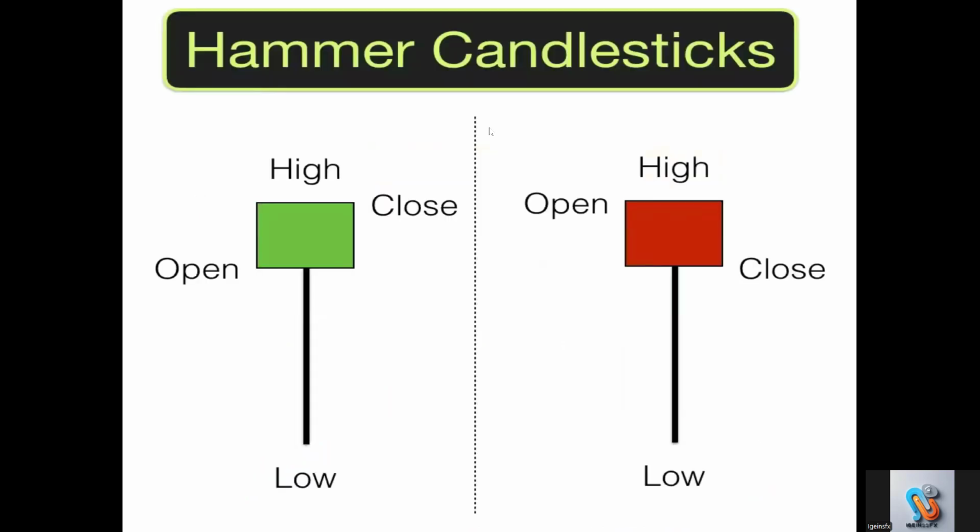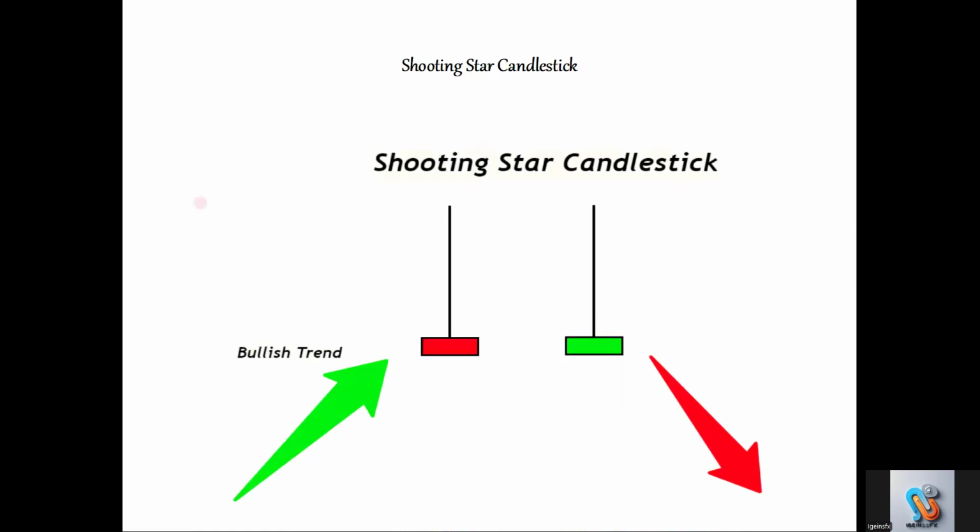Remember, the hammer will be at a support level, that is the downside, or anywhere that price created support. The shooting star, this candle always appears at a resistance level after a long period of a bullish push.